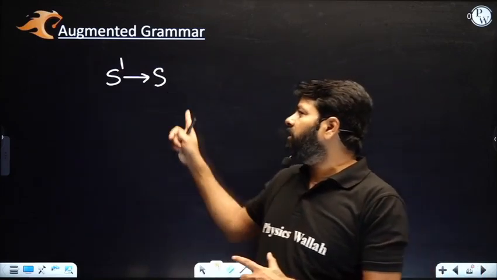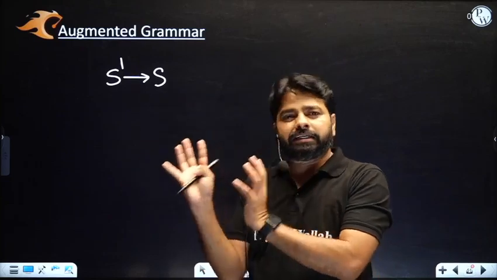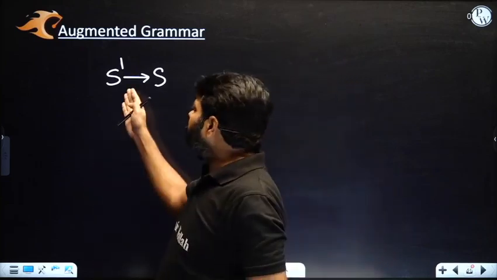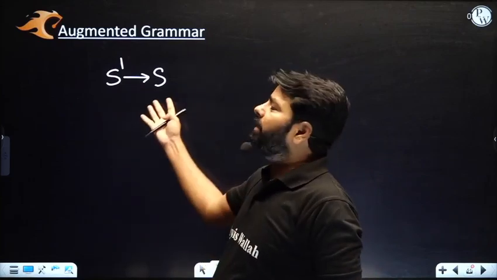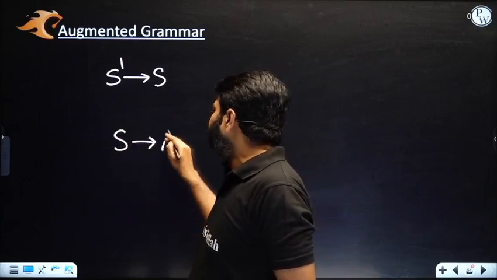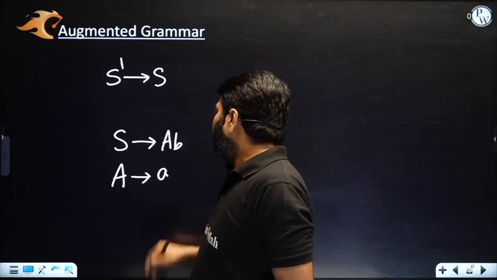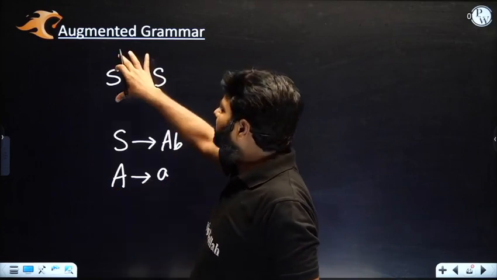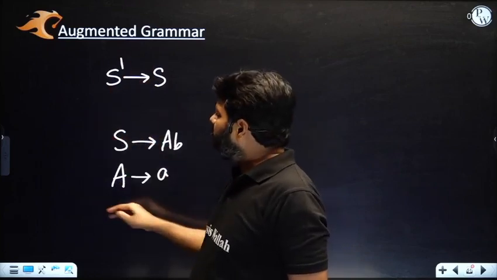This production is specially used for acceptance, and when it is appended to the given context free grammar, we call that grammar an augmented grammar. Suppose your grammar is something like S derives AB and A derives, let us say, A.